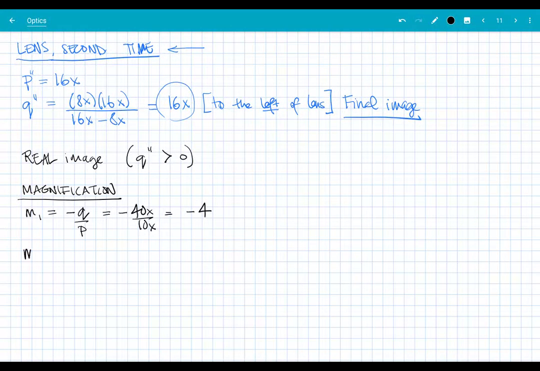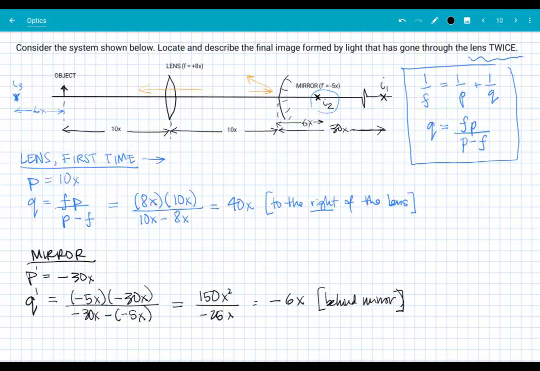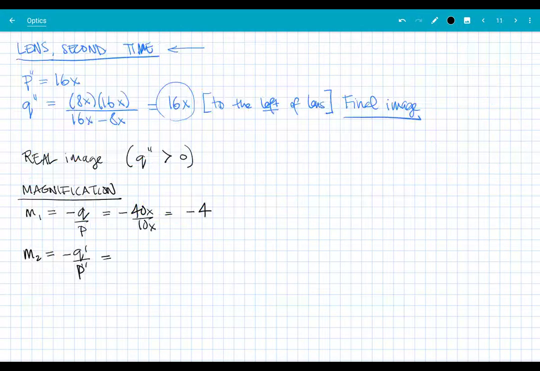Let's figure out the next one. Magnification 2, again, that's negative q over p. We could say this is actually q prime over p prime, to stick with our notation. Those two are negative 6x and negative 30x. So negative 6x, remember, don't just ignore those signs, over negative 30x, and that gives me negative 1/5.